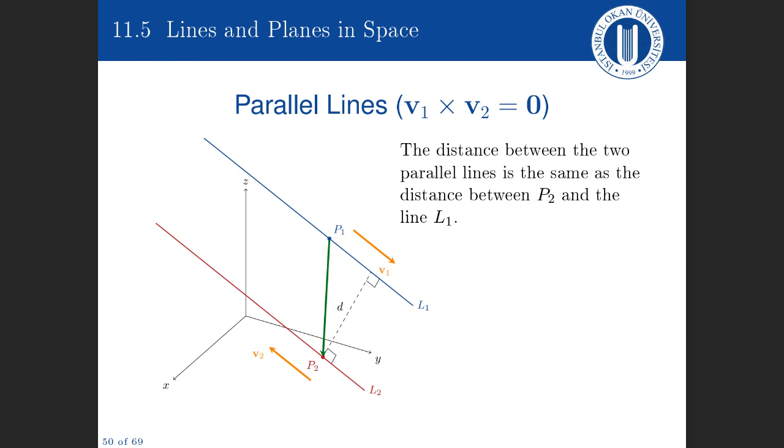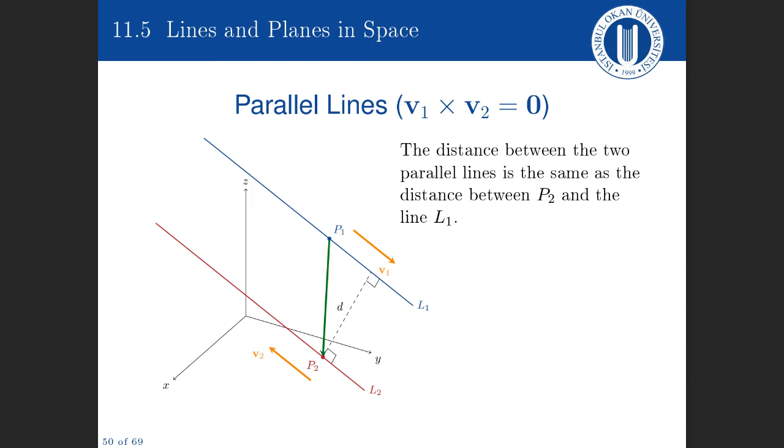Now, we can see from this picture that the distance between two parallel lines is the same as the distance between a point P2 on line 2 and the distance between P2 and the line L1.